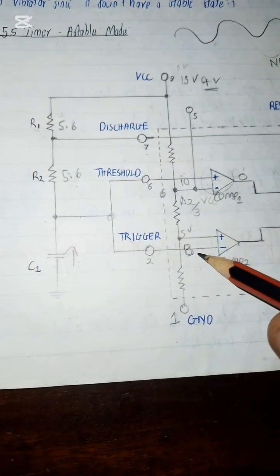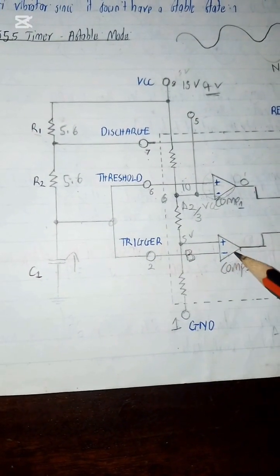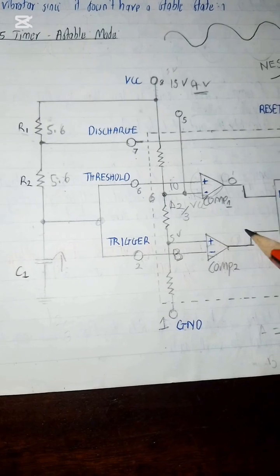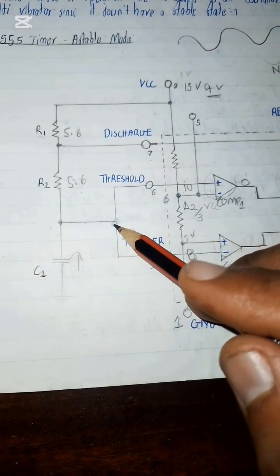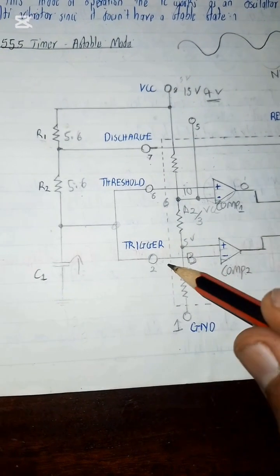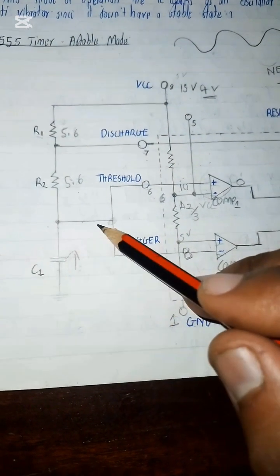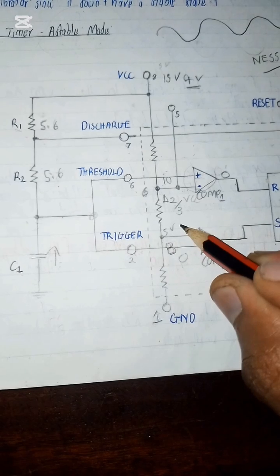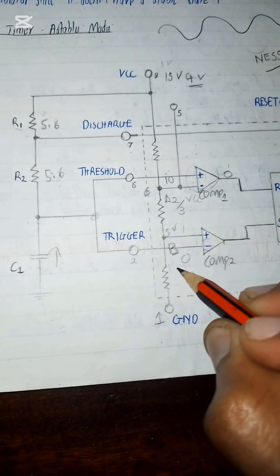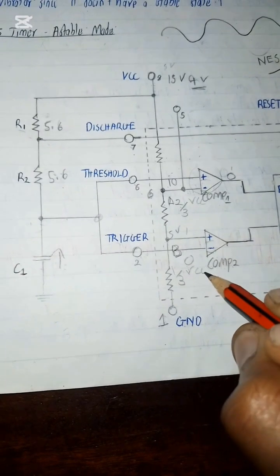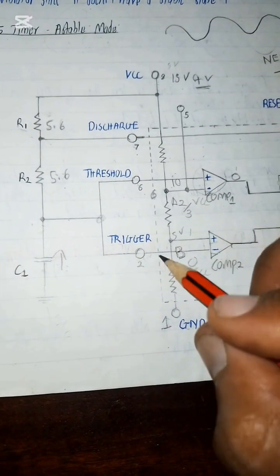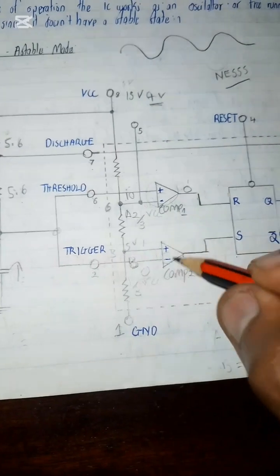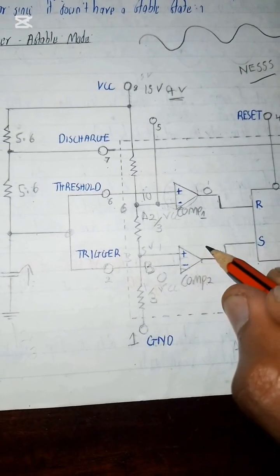Then coming down to this point, if the non-inverting becomes higher than the inverting, it's going to give a 1 output. Since the signal is still low, compared to point B, which is 1/3 of VCC, meaning 3 volts if you're using 9 volts, and since it's lower than 3 volts, comparator 2 will give an output of 1.